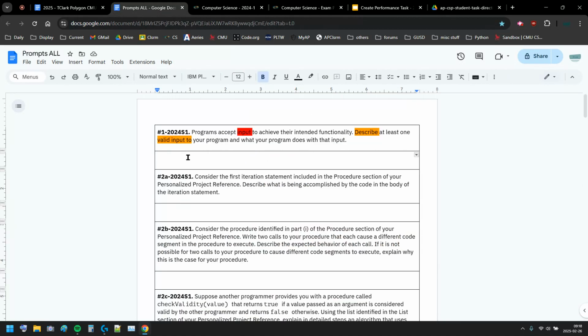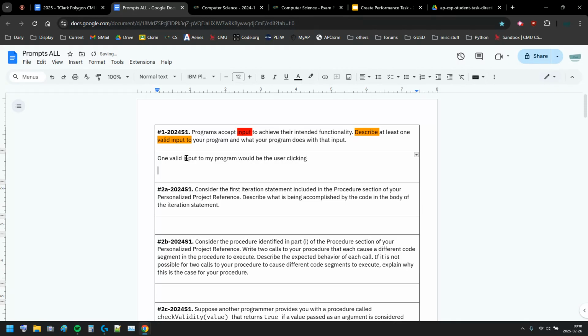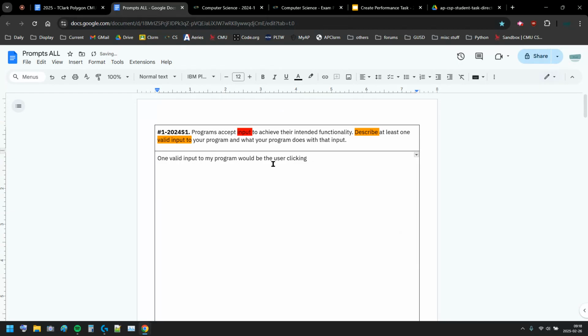Okay, if I click around, I would say, oh, why is it bold? One valid input to my program would be the user clicking, and again, I wouldn't be looking at the rest of it. I'd be looking at just the one question at a time.